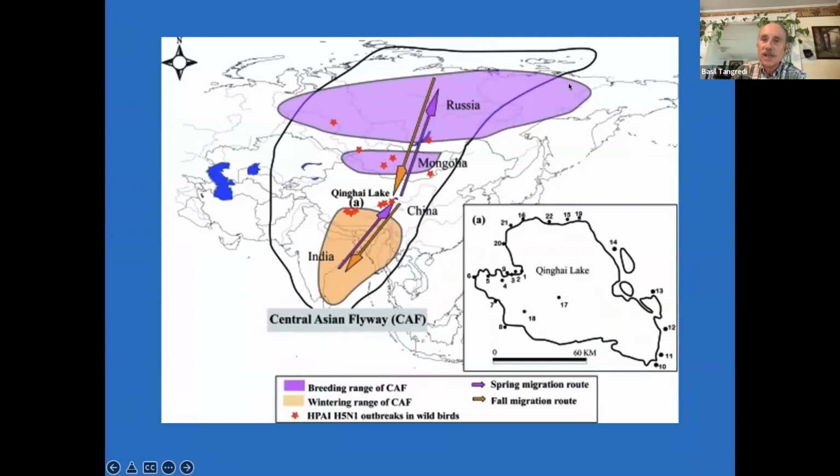And notice this extends, as you'll see in a moment, over into Alaska. But here's Qinghai Lake in its crucial spot right here on this flyway where these thousands of birds congregate, stop over, trade around their viruses, and then move on to new territories, bringing the viruses with them.